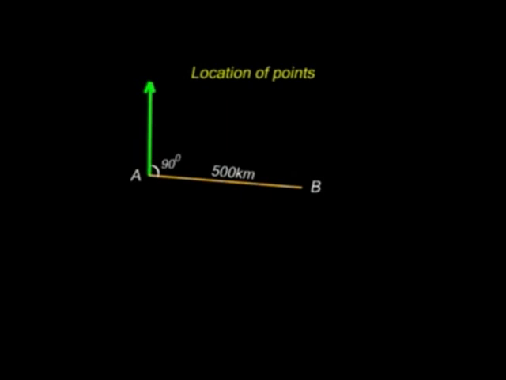For example, one can say that B is 500 kilometers on a bearing of 099 degrees from A. Now with that kind of information, we can specifically get to B. What we do at A, we get an angle or a deflection of 099 degrees, and then along that line we move 500 kilometers and we will get to B. So unless the distance is stated, the point B will lie anywhere along the line of 099 degrees.